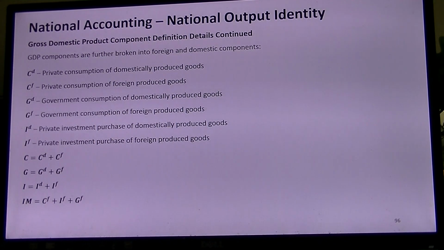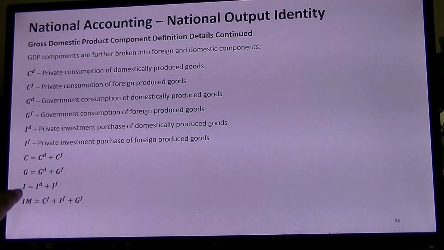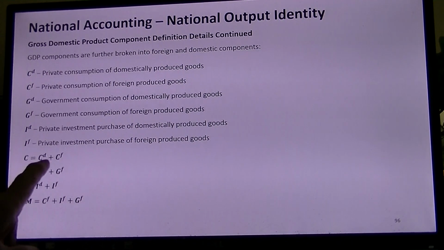For example, if investment is made within a country using goods that are produced abroad, then that is called IF. So the total investment equals domestic plus foreign. Total government is domestic plus foreign. Total consumption, domestic plus foreign.